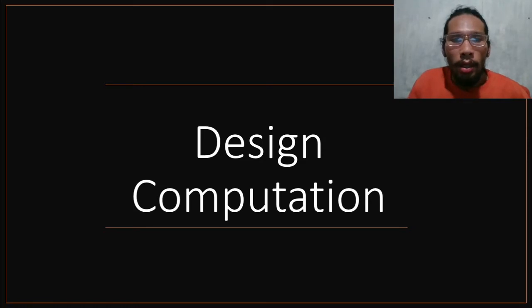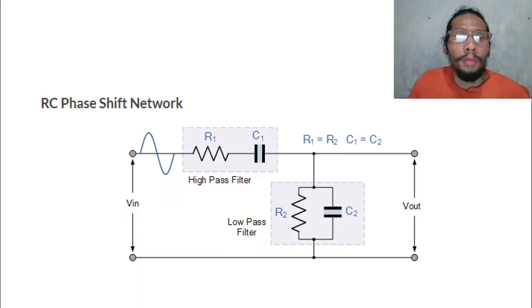Next part is the design computation. Before proceeding with the design, first is to determine the values for the RC phase shift network, because the RC phase shift network will determine the resonance frequency of the oscillator circuit.